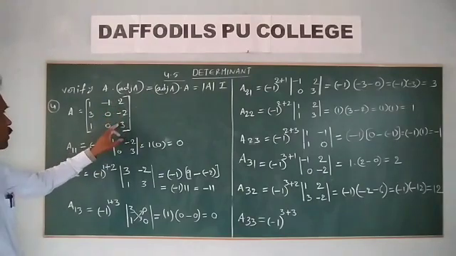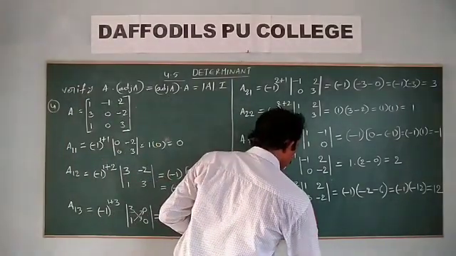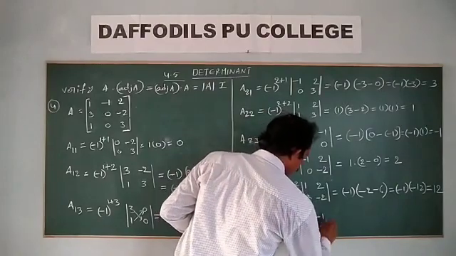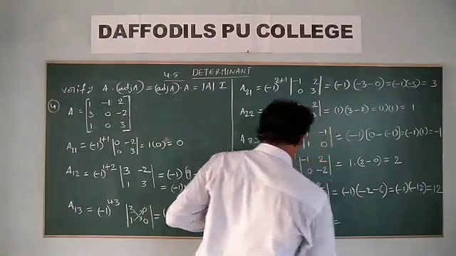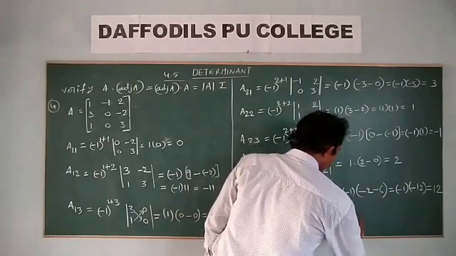Deleting this row and this column, the minor is 1, minus 1, 3, 0. Minus 1 to the power of 3 plus 3 is even, so plus 1.